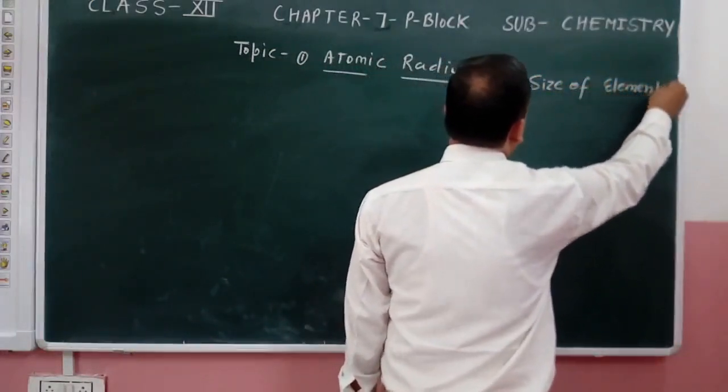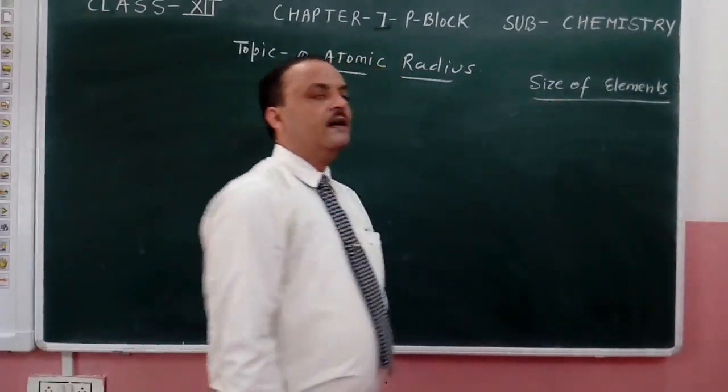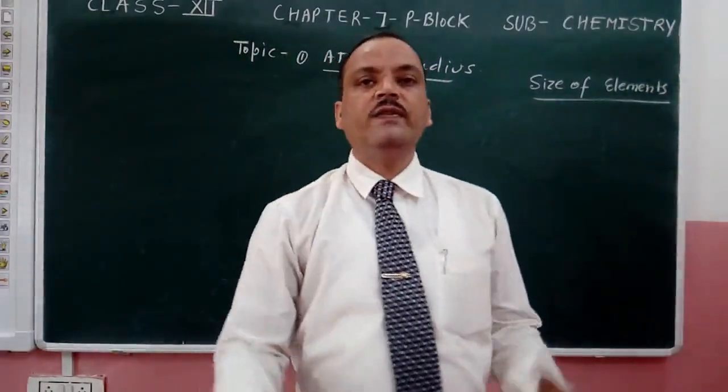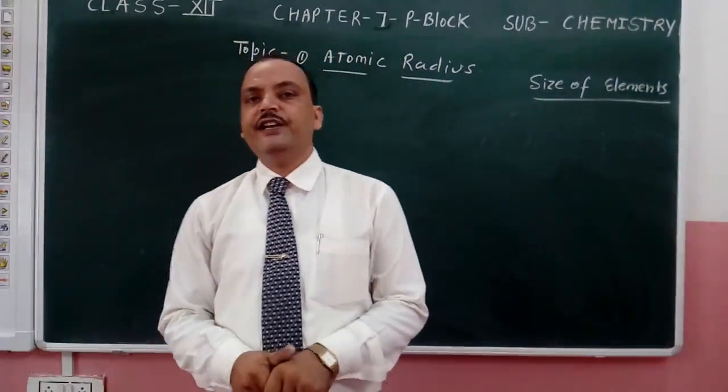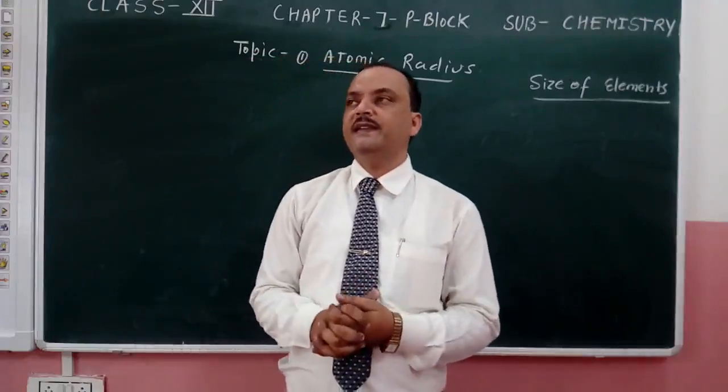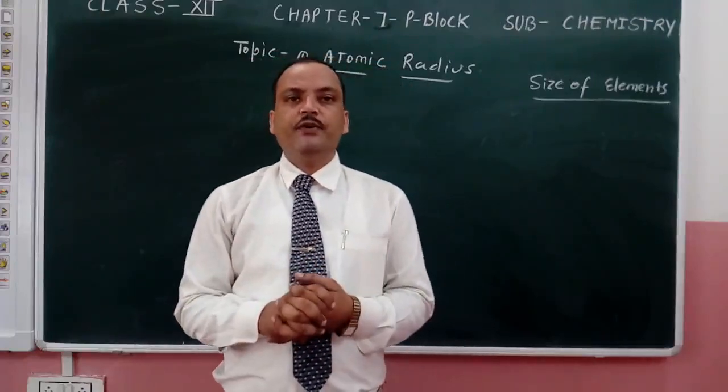What kind of periodicity is present in the size of elements in a periodic table?